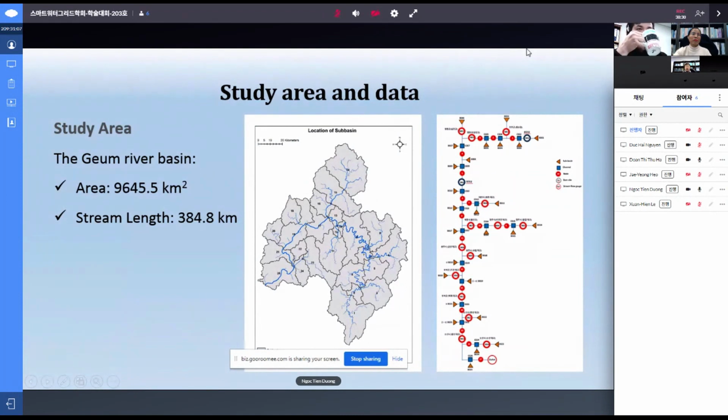Based on the sub-basin partnership division and hydrological station data, Gulf River Basin is divided into 25 sub-basins and 17 channels, includes 14 hydrological stations and 2 dams.